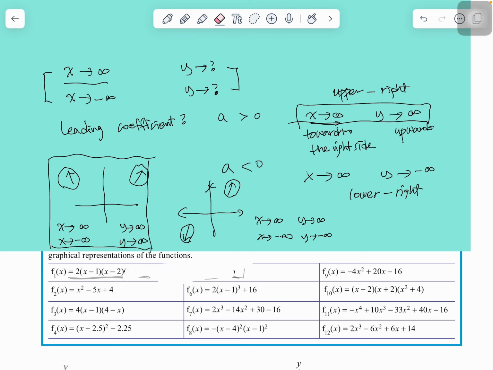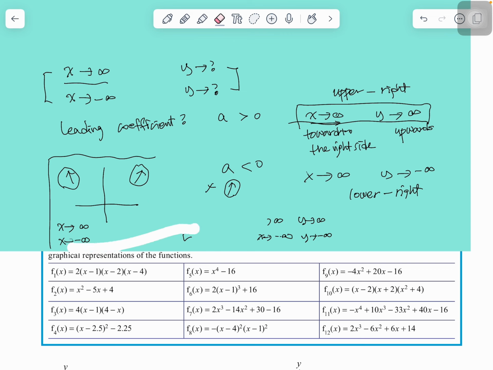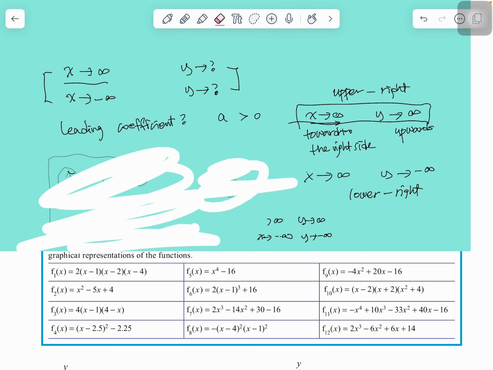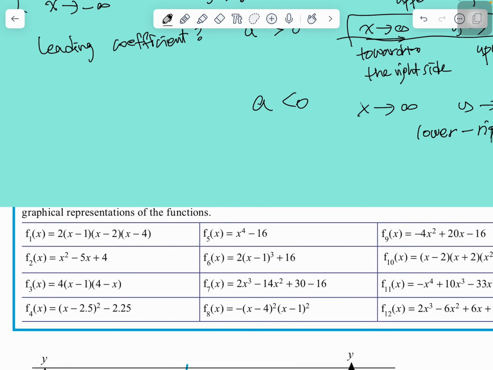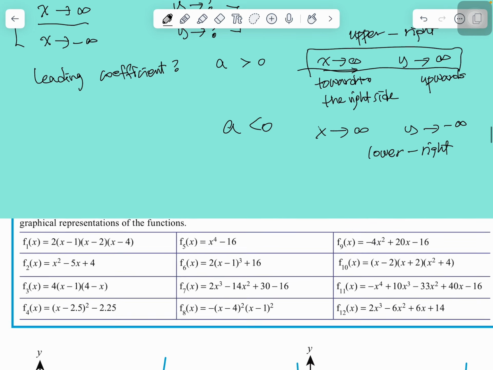So let's practice how to do that. Let's decide the end behavior of these 12 functions.